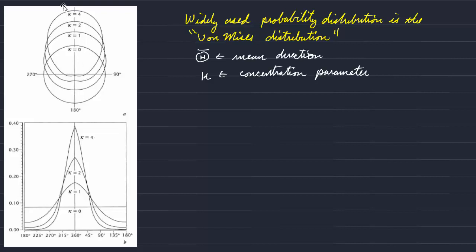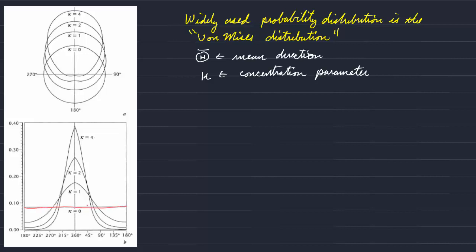It's upward on the plot. And when kappa, the concentration, is 0, then all the angles are equally probable. So the polar histogram shows just a unit circle, meaning all the bins have exactly the same length. And in the diagram below, the kappa of 0 would be represented by this straight line right here.